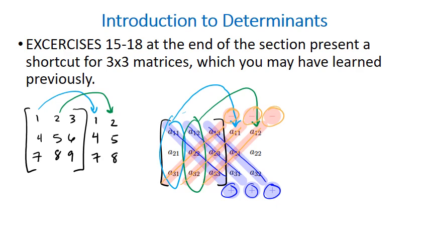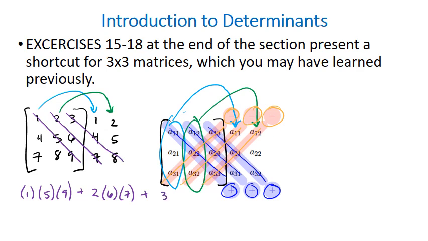And then I'll take the product of the diagonals. So 1 times 5 times 9 plus this product, 2 times 6 times 7, plus this product, 3 times 4 times 8.